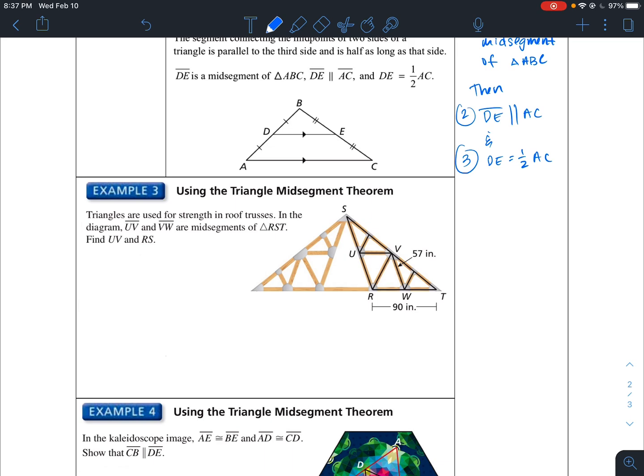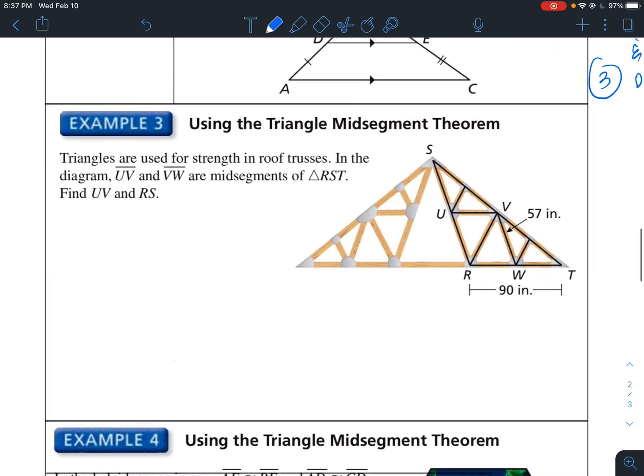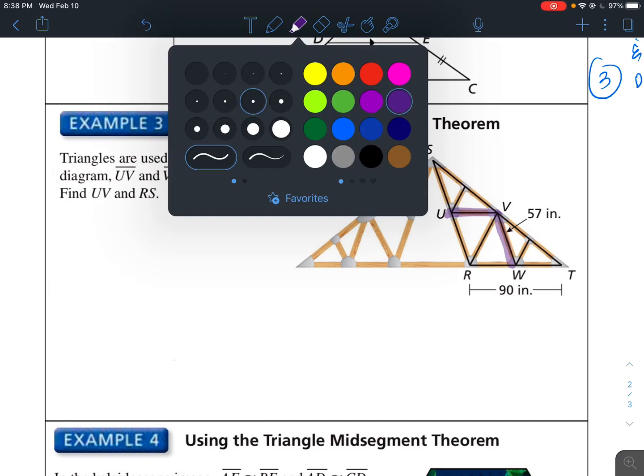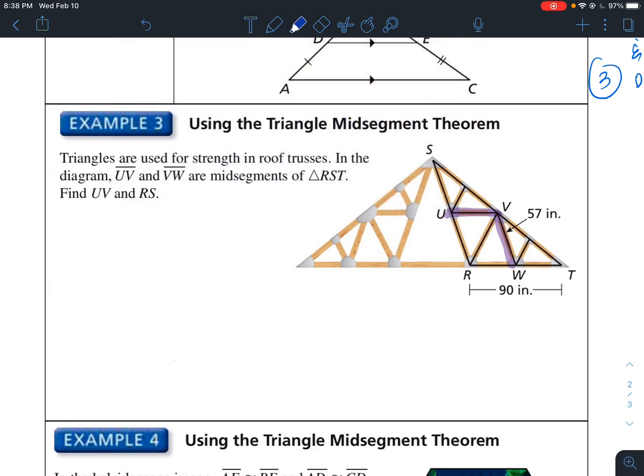So here it says that triangles are used for strengthening in roof trusses. In the diagram, UV, so this line right here, UV and VW are midsegments of triangle RST.